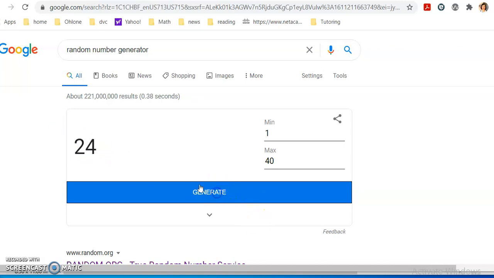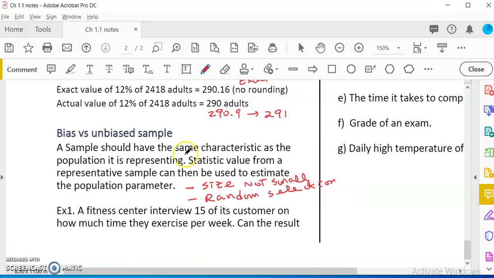So using some kind of random generator to generate the numbers that you are supposed to collect, that is random selection. You distance yourself from making any choice, because when we do our selection it is usually not random. So use a random process. Of course, you can also put all the names in a hat and then draw them.